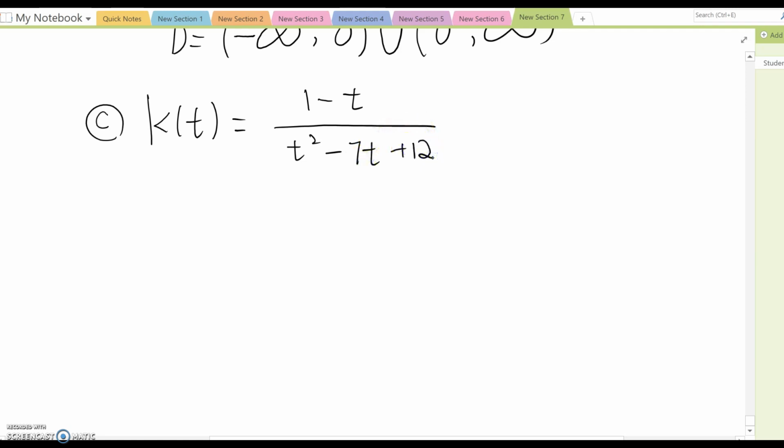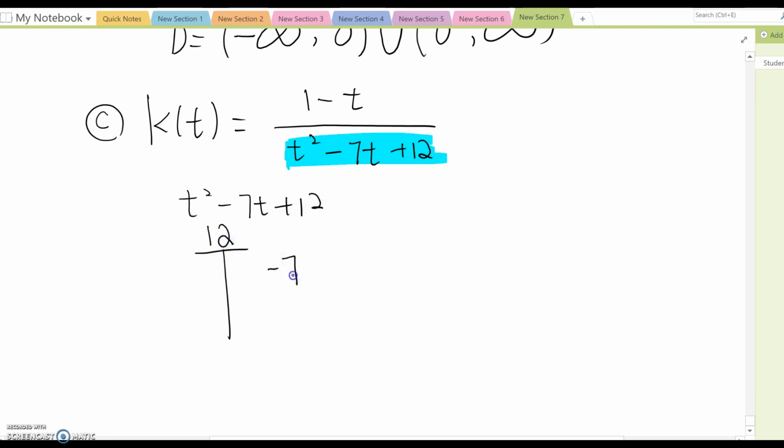In this case, the denominator is quadratic, so you need to factor this expression. t squared minus 7t plus 12: find two numbers that multiply to 12 and sum to negative 7.